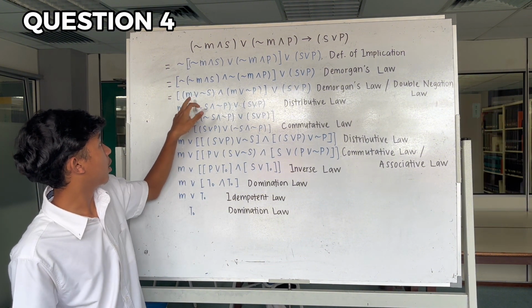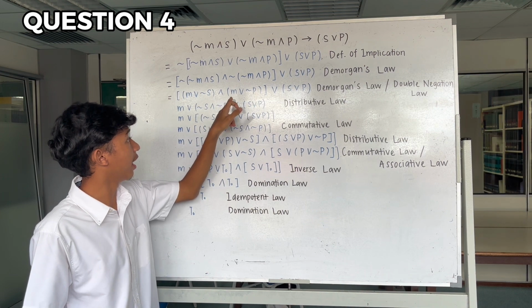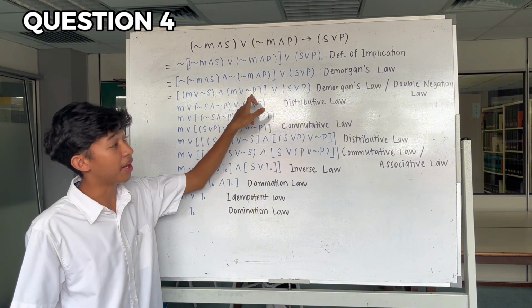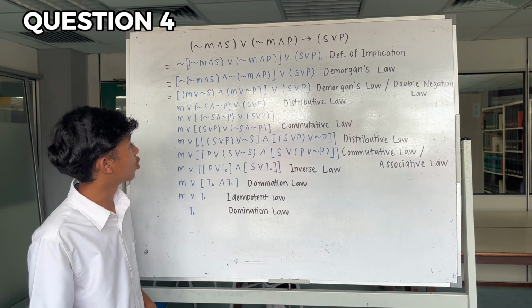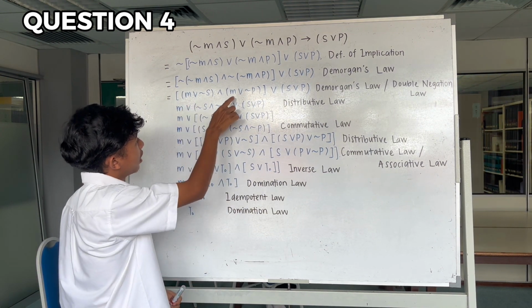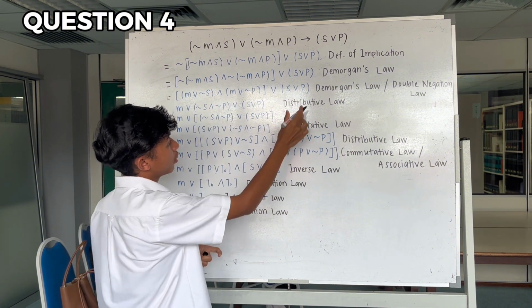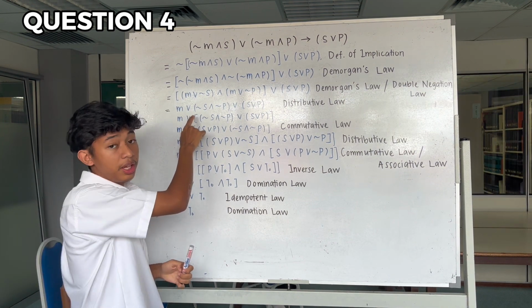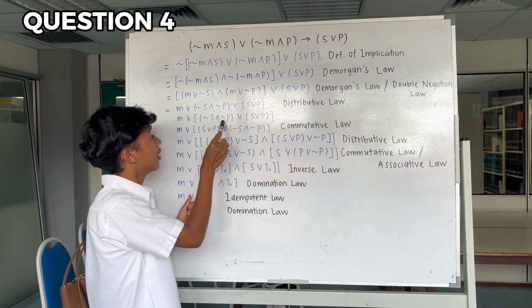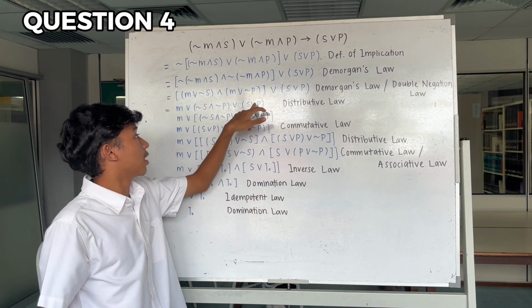And we get M or negate S and M or negate P or S or P. So we know this one is same, M and M. So we use the distributive law. And we get M or negate S and negate P or S or P.